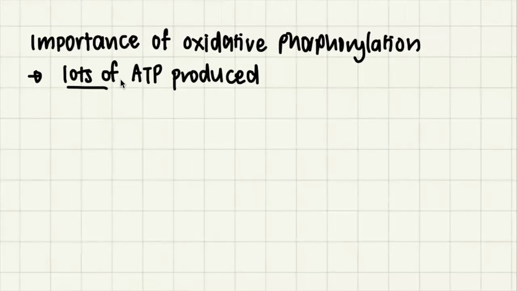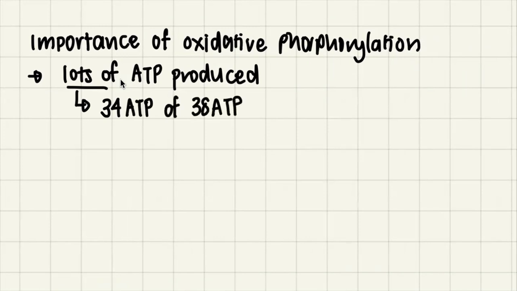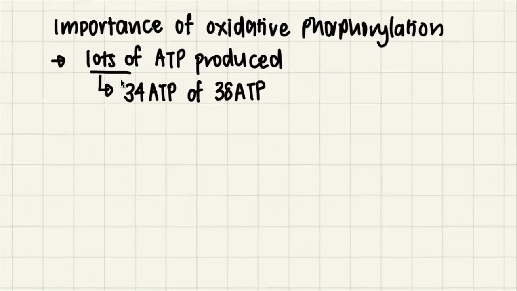Okay, you know what, I'll just specify it. So you know that in total 38 ATP is produced from aerobic respiration. 34 ATP of 38 ATP is produced through the oxidative phosphorylation reaction of your aerobic respiration.